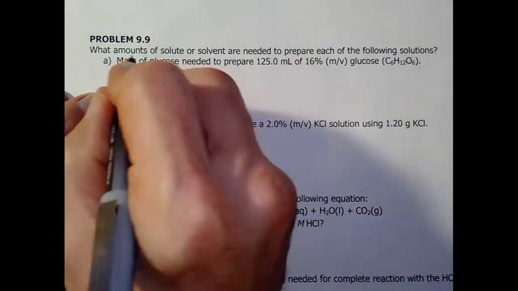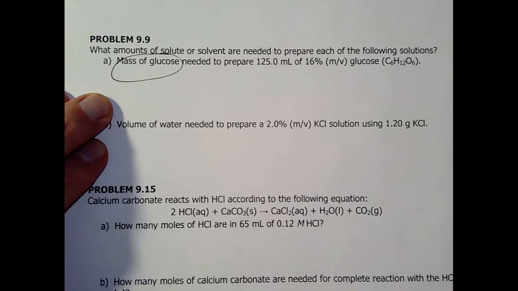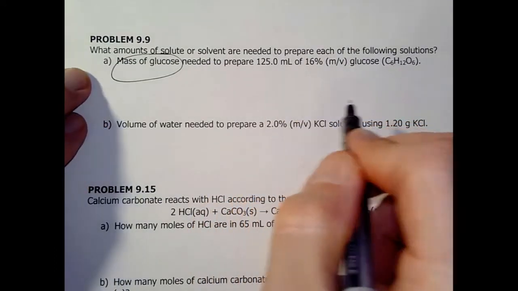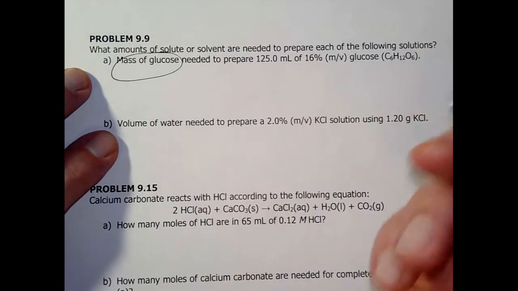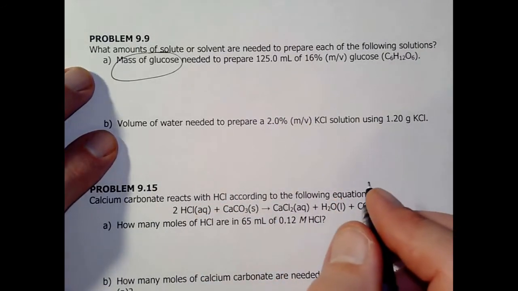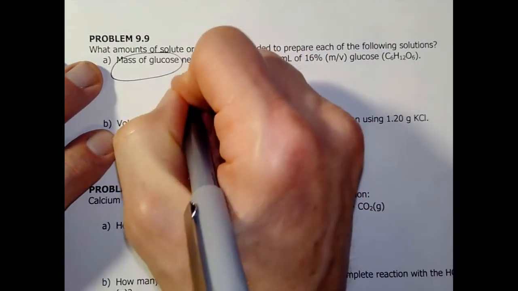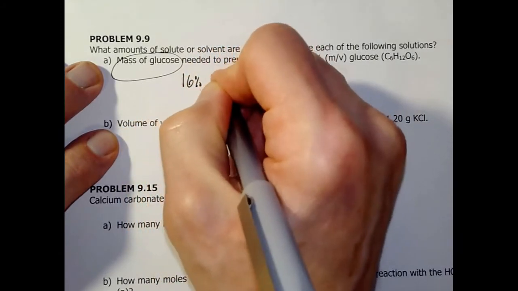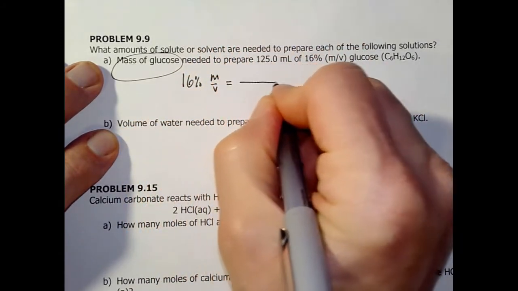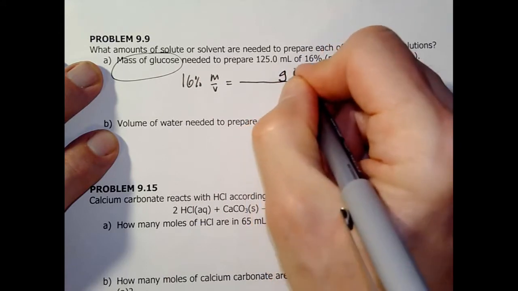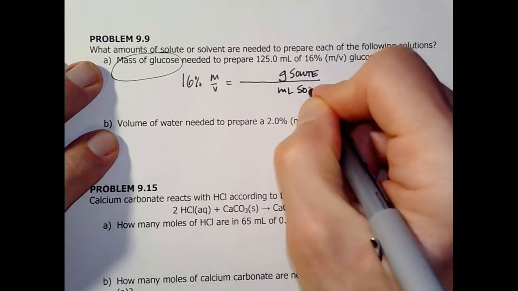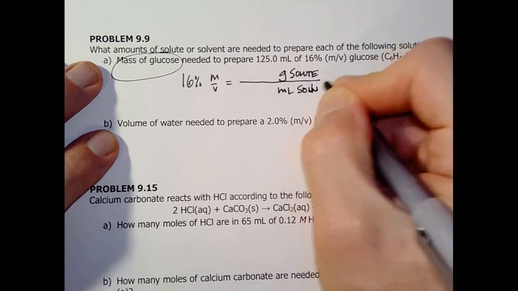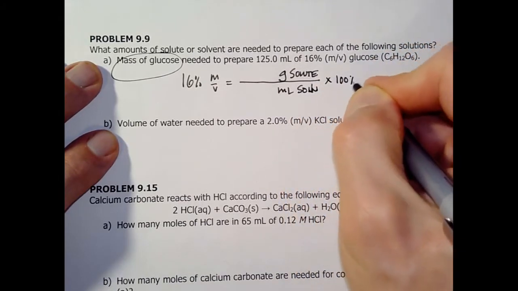Mass of glucose to prepare, excuse me, this is not molarity, it's percent mass volume. So I might just go back to the definition and set it up. It works too. You could just say, well, 16% mass volume equals grams of solute over milliliters of solution times 100%.